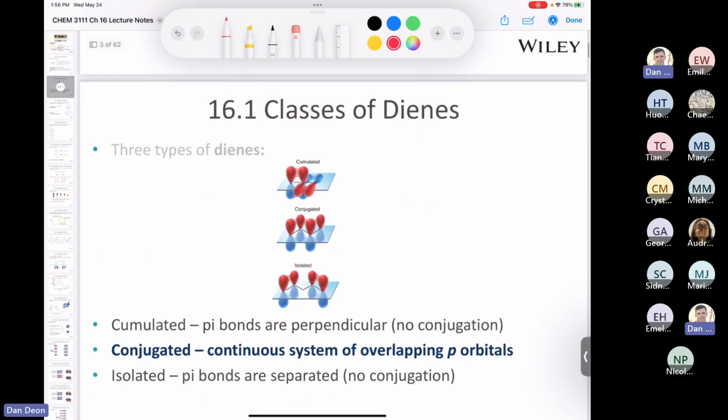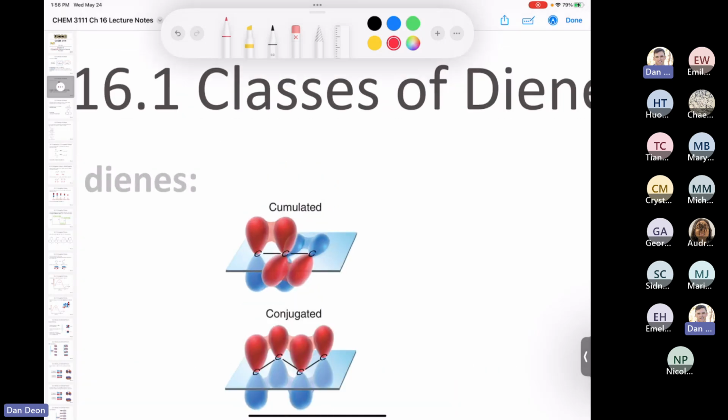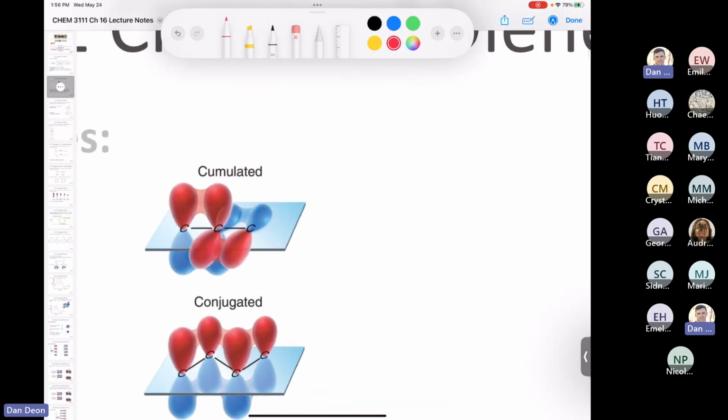All right, so if we look at the orbital overlap of these unhybridized p orbitals in the accumulated, conjugated, and isolated dienes, it will help clear up what I was just trying to explain to you. When you have an accumulated diene, you have a pi bond and a carbon that's got another pi bond on it. You see that you have one set of p orbitals that makes a pi bond, but then you have another set that's perpendicular to it.